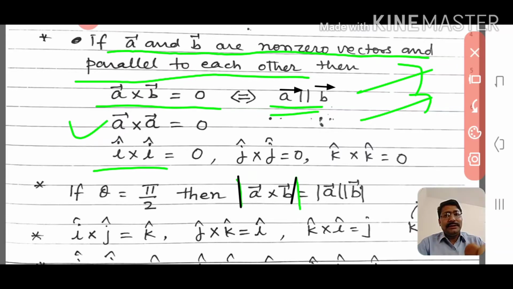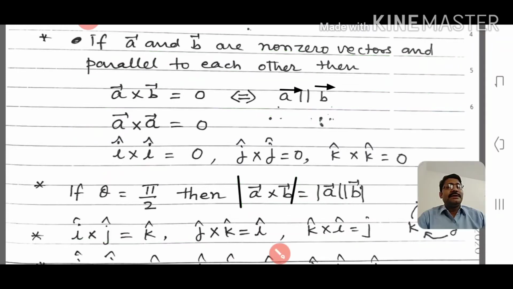Now i cross j: i is along the x-axis and j is along the y-axis. Perpendicular to both the x-axis and y-axis is the z-axis, and along the z-axis we have the unit vector k cap. So i cross j will be k cap, j cross k will be i cap, and k cross i will be j cap.